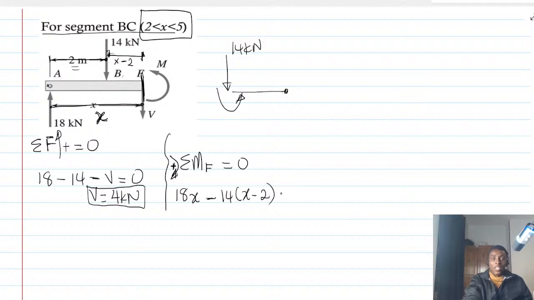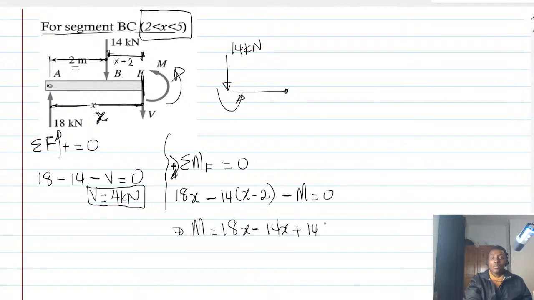Okay. Is there any other moment? So this moment M here is counterclockwise, right? So minus M equals 0. What does it mean? It means that M is what? 18x minus 14x plus 14 into 2, right?